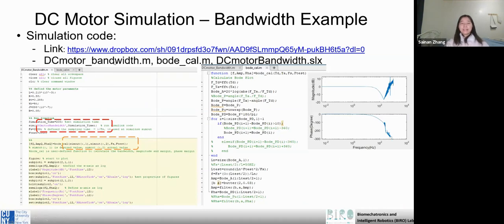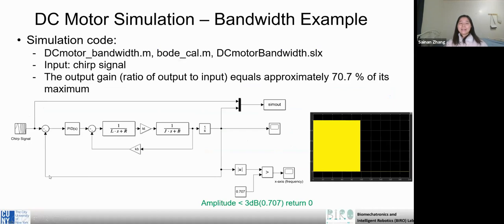You can download the Simulink code here from the link, and there are 3 parts: the DC motor bandwidth, and the Bode amplifier. This is a function we will use in the DC motor bandwidth, and this part is the simulation code.